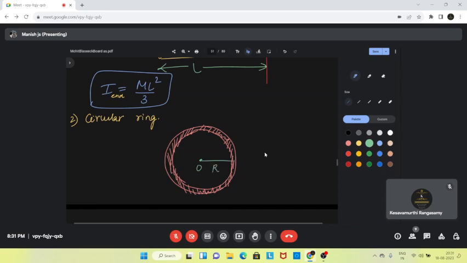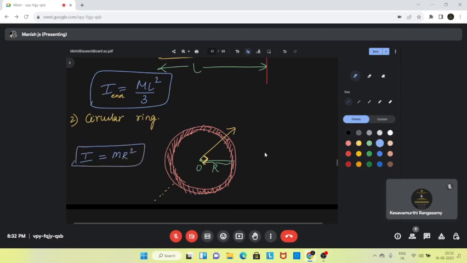Here you have different combinations. First, if your axis of rotation passes exactly through the center of the ring and is perpendicular to the plane of the ring, that is also very important, making an angle of 90 degrees with the plane of the ring, in that case the moment of inertia I is given by the relation mr square.